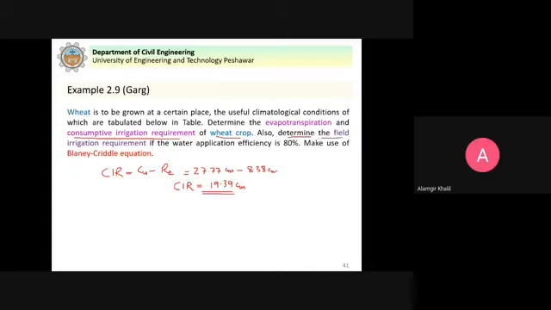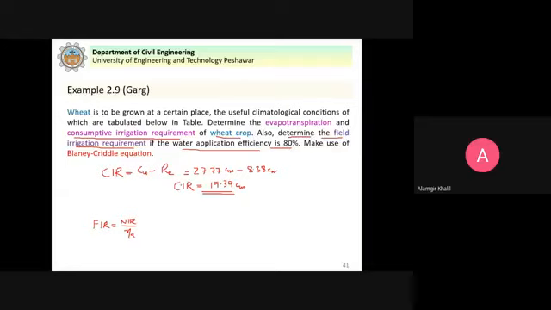Also determine the field irrigation requirement. The field irrigation requirement, that we just defined, is equal to net irrigation requirement divided by eta A, where eta A is the water application efficiency, that is given 80%.